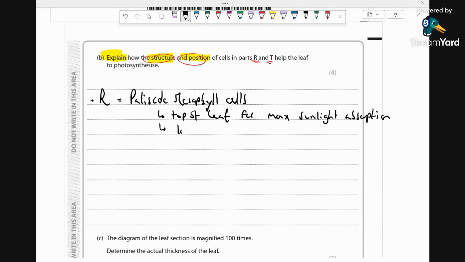They contain lots of chlorophyll for absorbing sunlight.